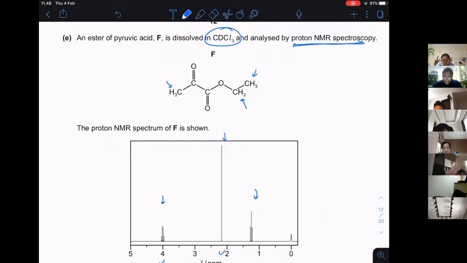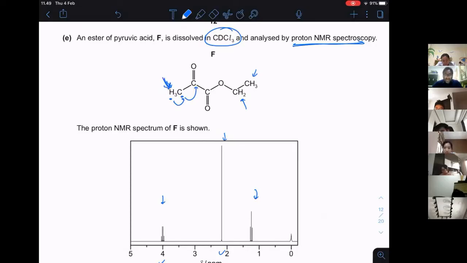Now, out of these 3 peaks, you need to know that the splitting pattern involves the carbon that is attached to the carbon. For example, this carbon, the hydrogen is attached to this carbon, but if the next carbon has hydrogen, then this hydrogen's spectrum will have splitting, so it will be affected.